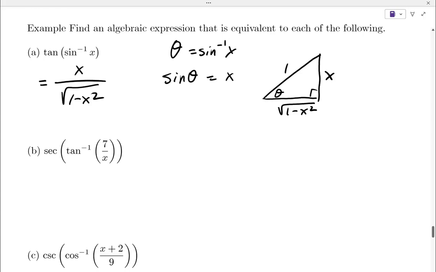There you go. This is what we mean by an algebraic expression. You get an algebraic expression in x if all you use is addition, subtraction, multiplication, division, and roots. No trig functions, no exponential functions, no log functions. Algebraic is any of the algebraic operations you can do.